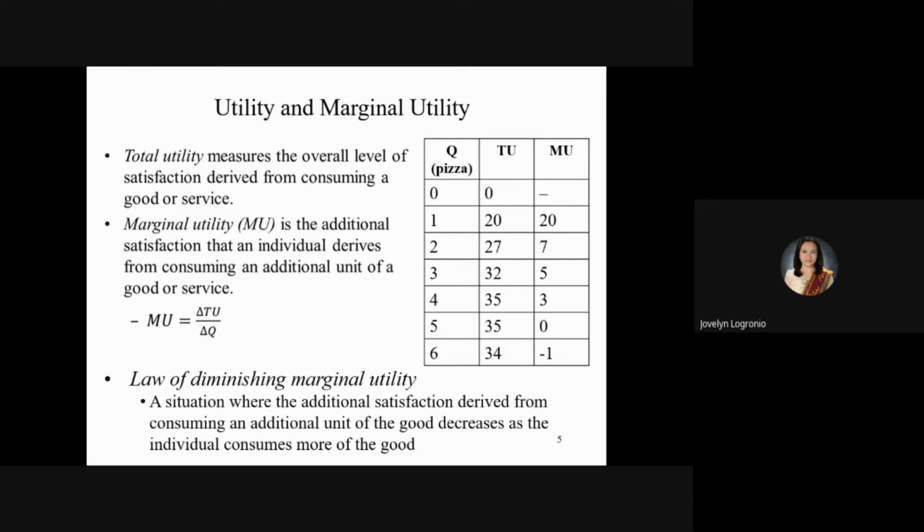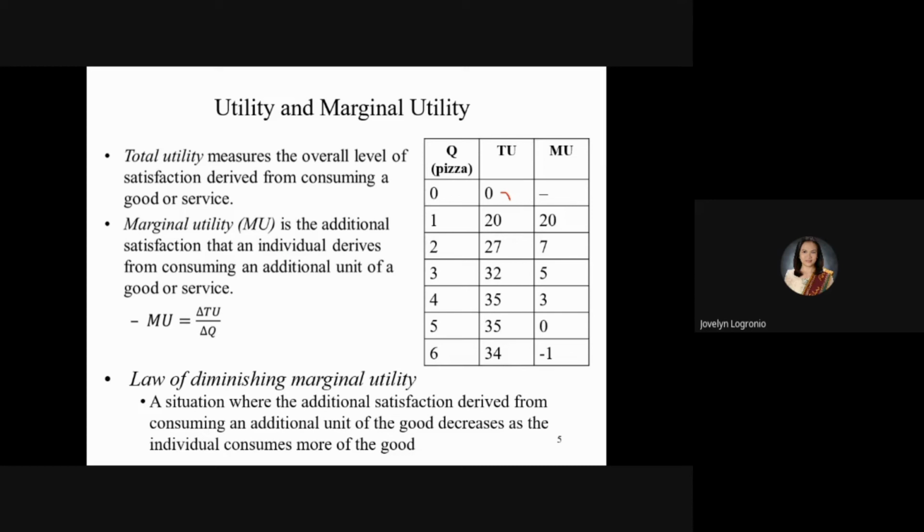So, if zero consumption, zero pizza, of course, no happiness or zero yung total utility. Sa first slice of pizza, kaya nag-assign tayo ng 20 utils. Okay, again, the unit is utils. So, 20 yung level of satisfaction.